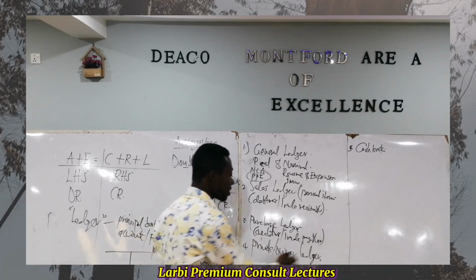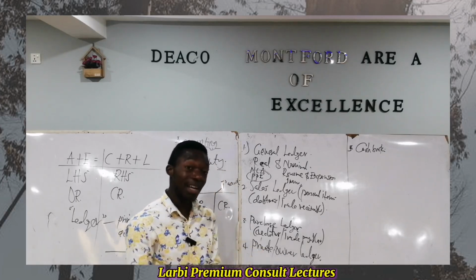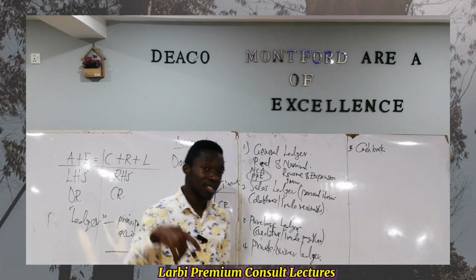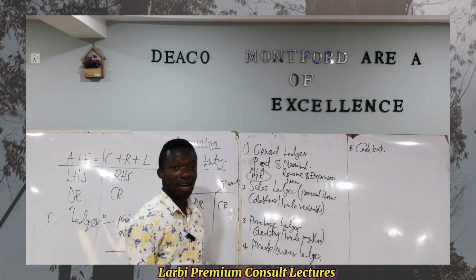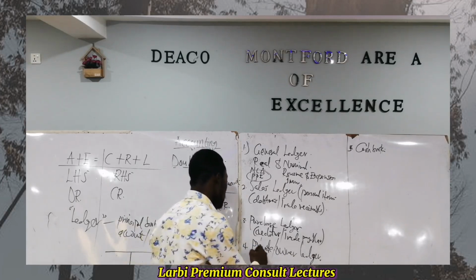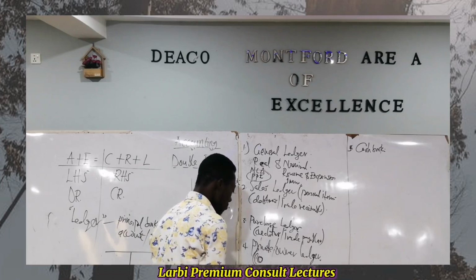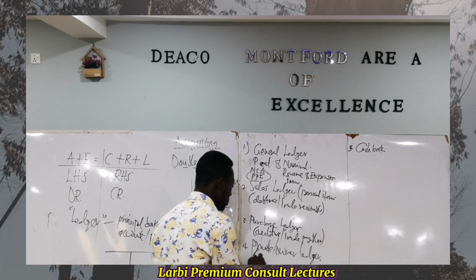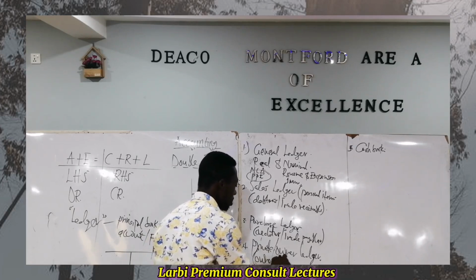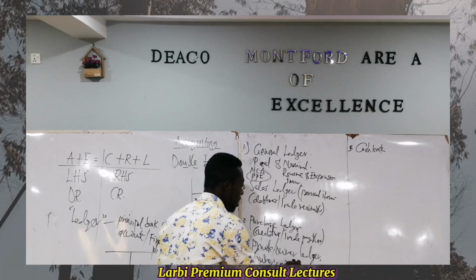And then the private ledger or the owner ledger. The name should give you a clue about which type of transaction will be recorded in this account. Here, we are recording all information about the owner that has a monetary effect on the business.